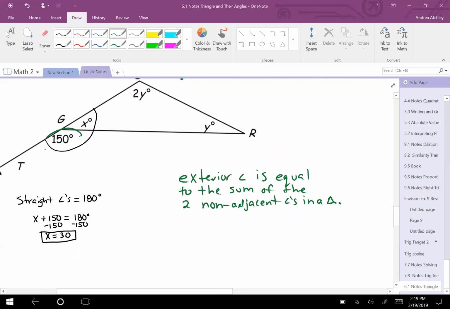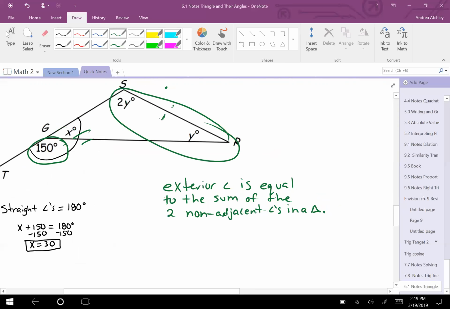So that means 150 is equal to these two angles added together. So 2y plus y is equal to 150, because it's the exterior angle.